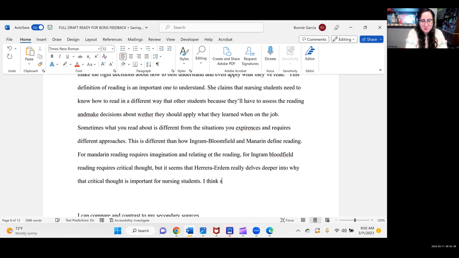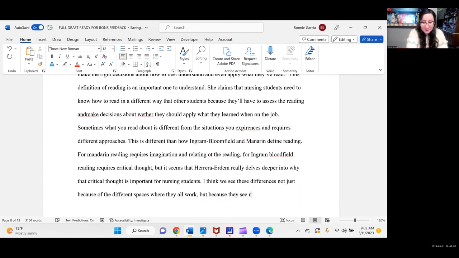I think we see these differences not just because of the different spaces where they all work, but because they see nursing and learning very differently as well.